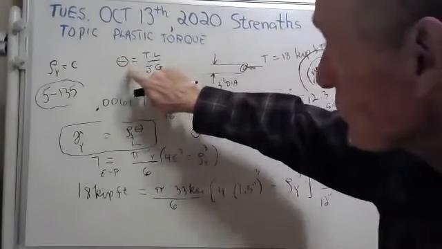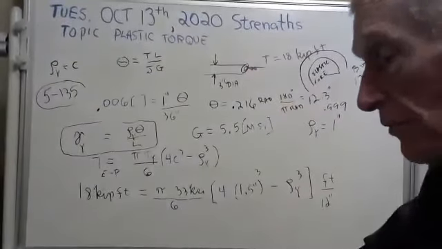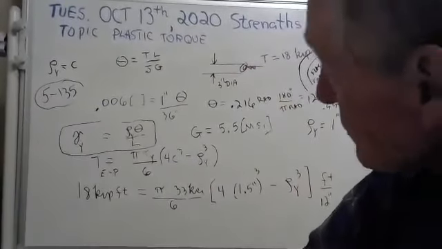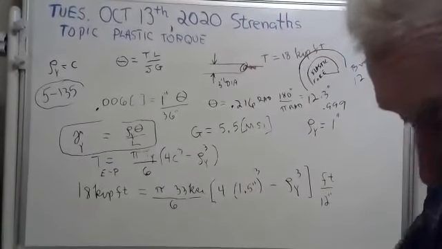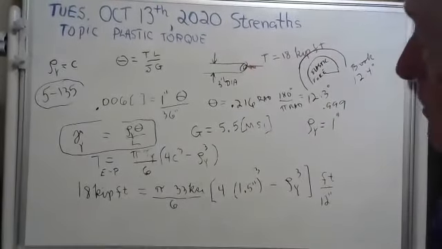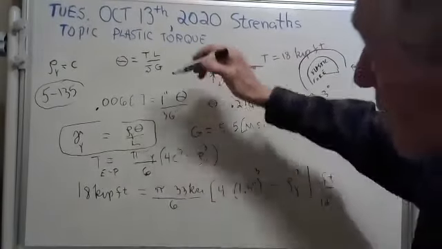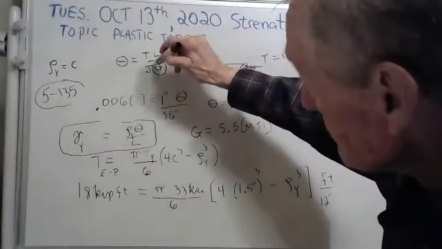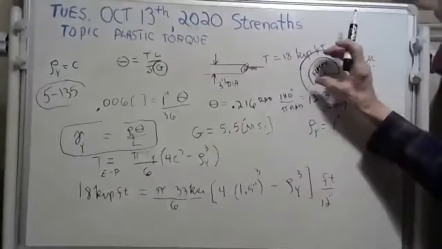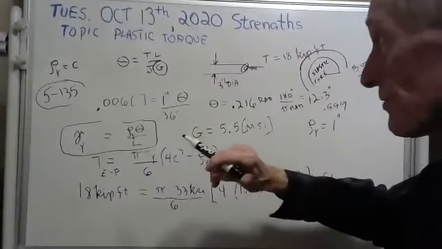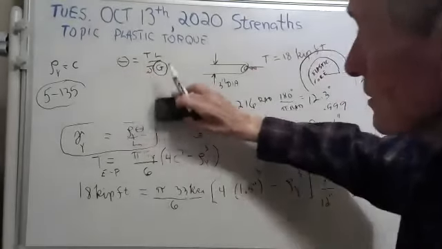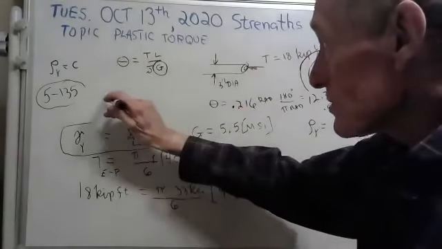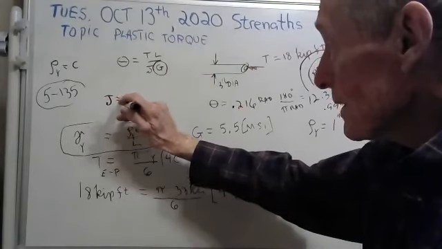We could use this equation if we restricted our work to the elastic core. How much time do I have? 4.5 minutes. That might be enough time. Now we've got G, and if you restrict yourself to the elastic core, I think we could get it. Let me show you what the J would be for the elastic core.